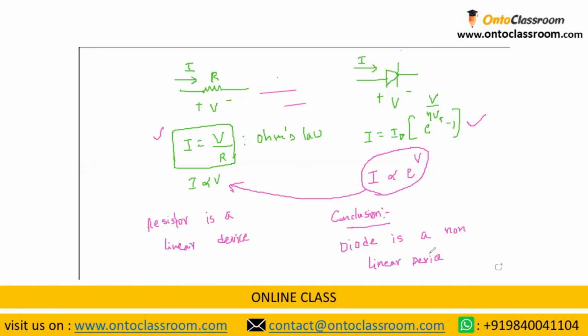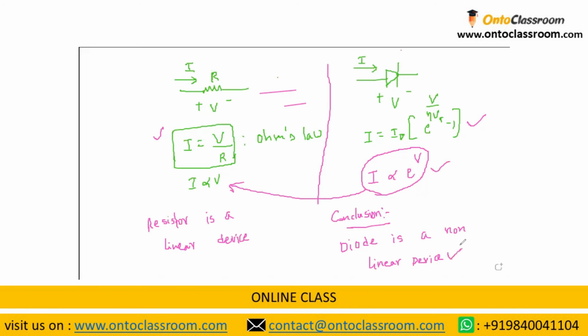So this is the major difference between resistor and the diode. Basically, resistor is also having two terminals, and the diode is also having two terminals. But the major difference is that in a resistor, the current is linearly related to voltage, but in a diode, current is exponentially related to voltage. So I can conclude that resistor is a linear device and the diode is a non-linear device.